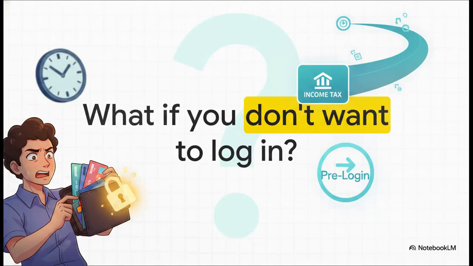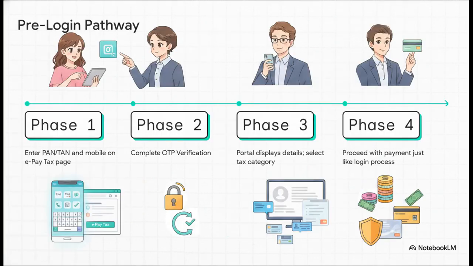Now, you might be wondering, what if you just don't want to log in at all? Maybe you're in a massive rush, or let's be real, your password is buried in some forgotten notebook somewhere. Well, the department actually built a highly convenient pre-login pathway to handle exactly that. Contrasting with that first timeline, here is how you get it done without logging in. In Phase 1, you literally just visit the e-filing portal and click on EPayTax.